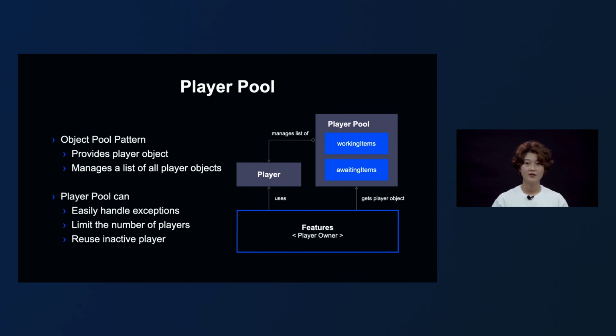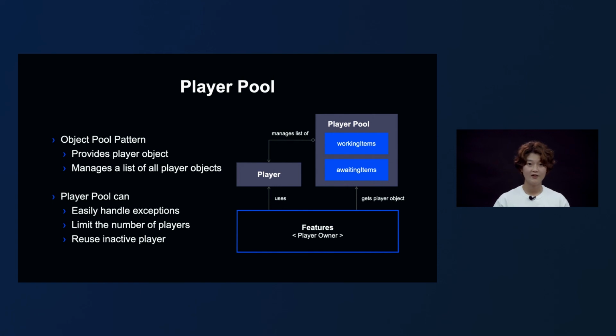In the player pool, all created player objects are appended to the list to manage. By managing the list of all players, it enables the player pool to easily handle exceptions like memory warning or a cannot decode error within the player module.